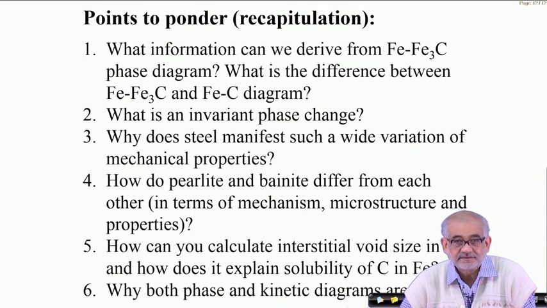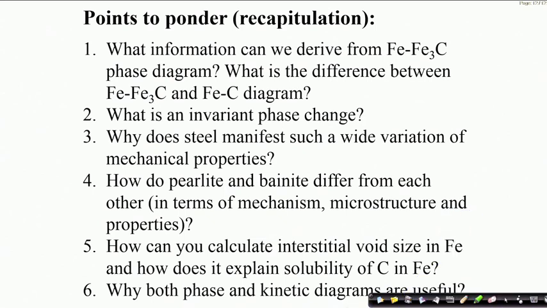We understood that the ability to vary the mechanical properties of steel, which is what makes it so versatile, is possible purely because of the ability to vary the microstructure over a very wide range. And this is not quite possible in almost all other metallic or non-metallic systems or alloys. We understood the difference between the evolution of pearlite and bainite, primarily in terms of the temperature range where it happens, the morphologies of the phases, and most importantly the mechanism as to what nucleates and what promotes the formation of the counterpart.